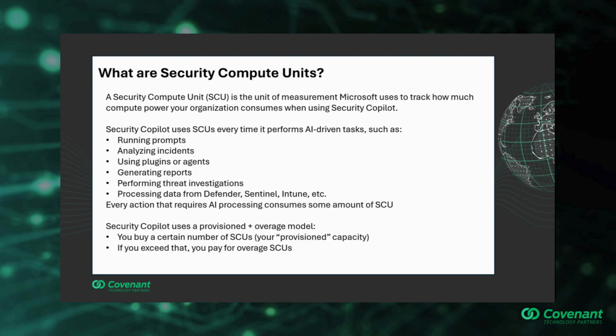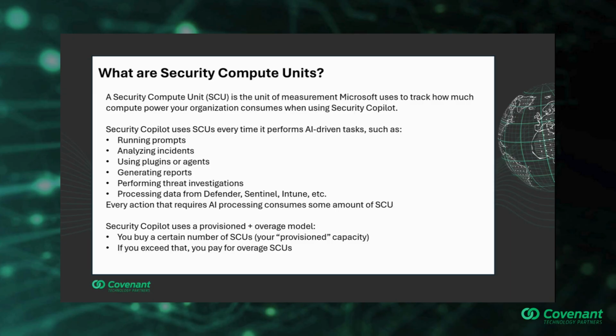Next key to understanding Security Copilot is security compute units. This is the unit of measurement that Microsoft uses to track how much compute power your organization consumes when using Security Copilot. Think about it as if it's the fuel that powers the AI behind the scenes.